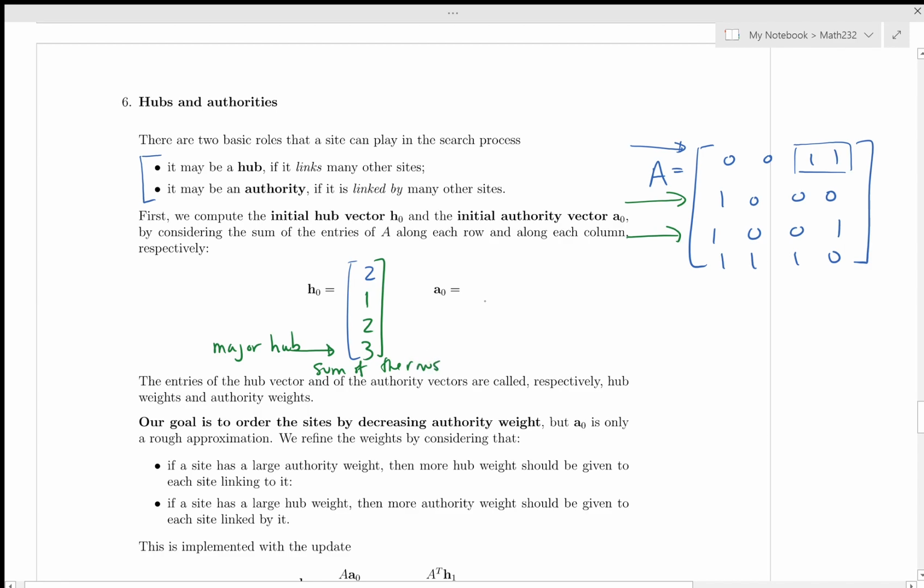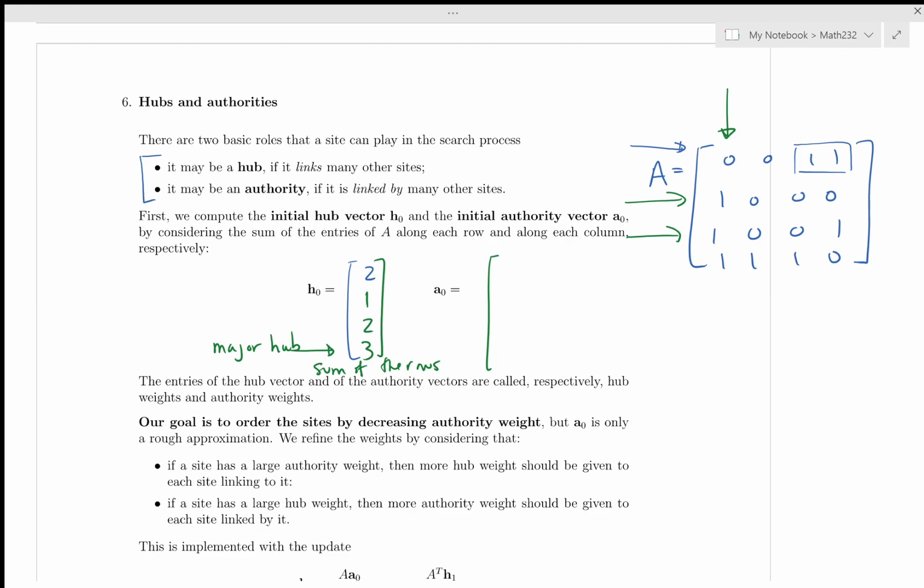Then I form an authority vector, and that is the sum of the columns, and that is how many people link to you. So you're an authority if many people refer to you, and that is the sum of the columns here. Now, for site 1, how many people refer to site 1?